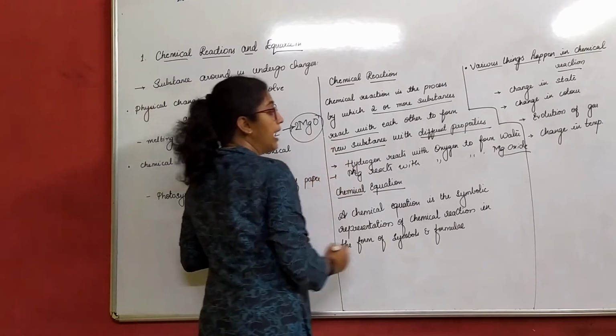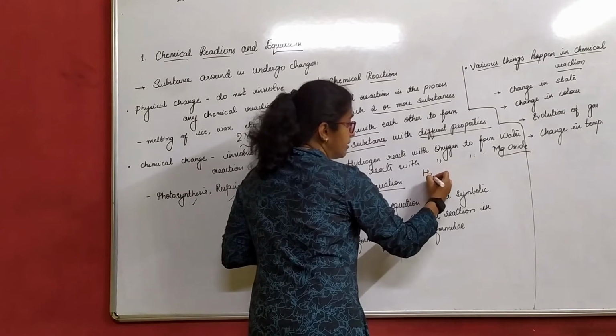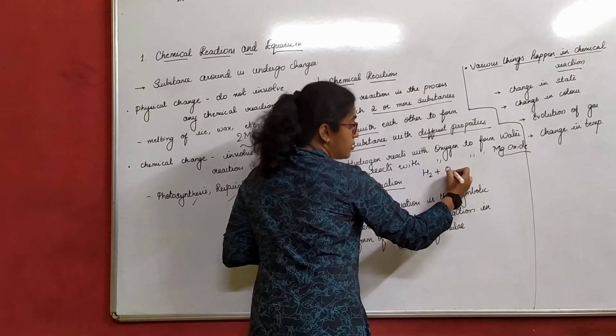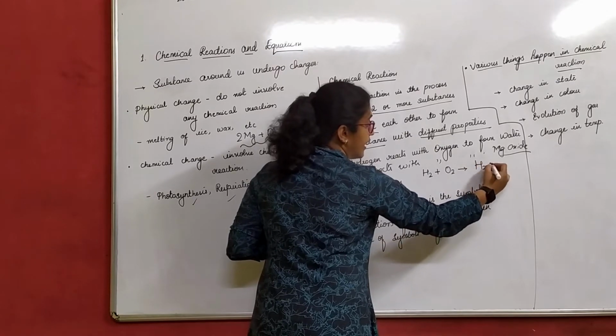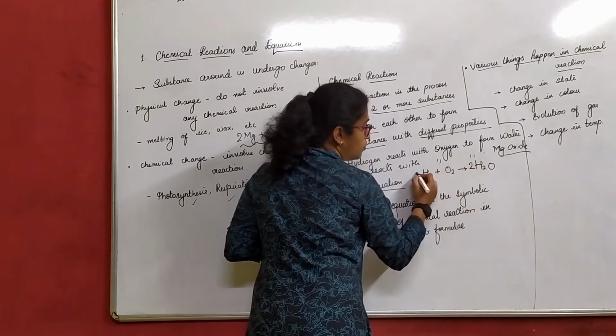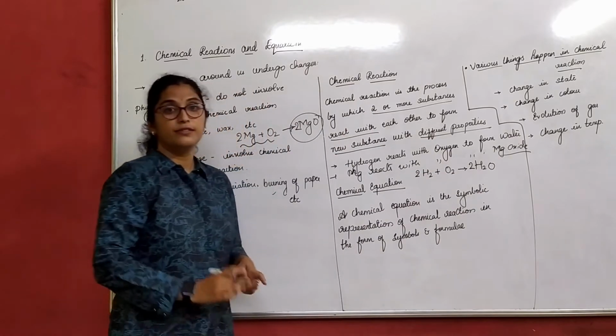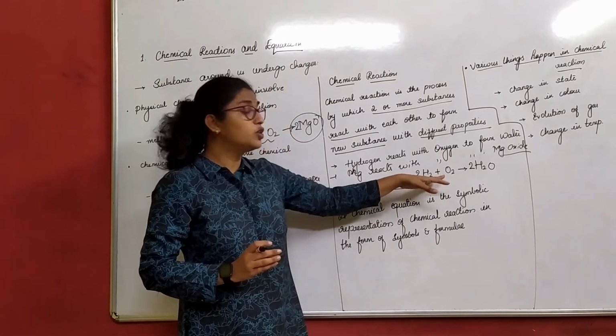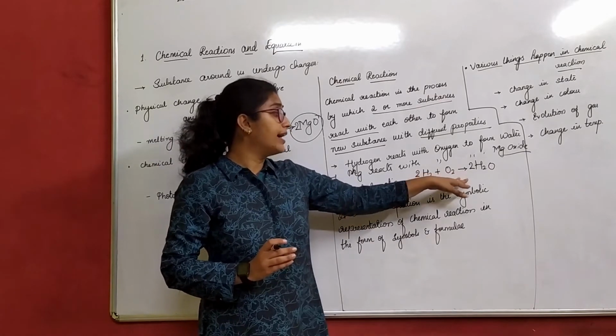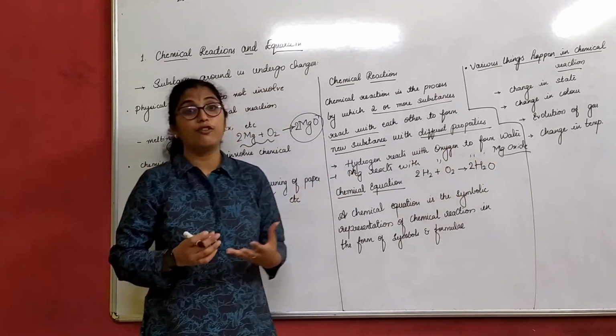Now for example, I will write here, hydrogen reacts with oxygen to form water, right? So 2 and 2. That means now I know I have taken 2 atoms of hydrogen, 2 atoms of oxygen. That is how I have got water.